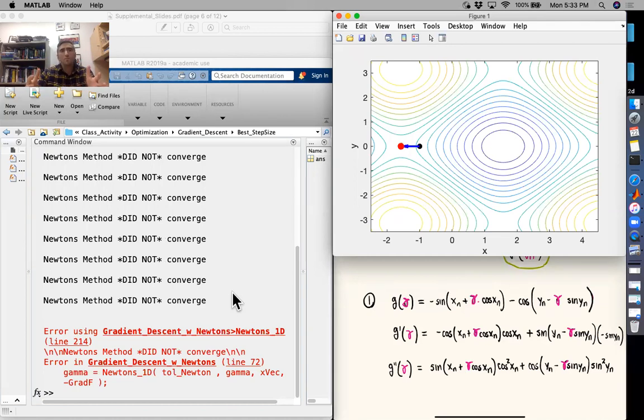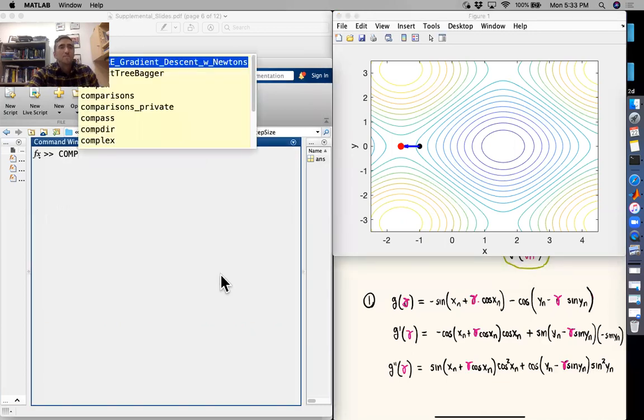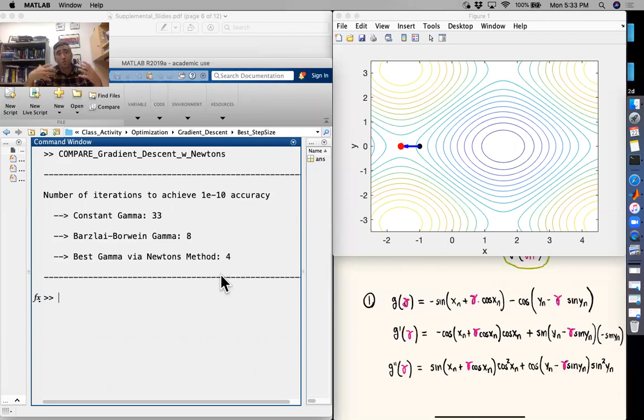So I hope this video helped sort it out. Again, the big thing to remember is when these methods work, we find the best step size for a particular iteration of gradient descent. It can really reduce the number of iterations necessary to achieve a specific tolerance. But sometimes we can run into issues where we don't converge to a minimum, we converge to a maximum.